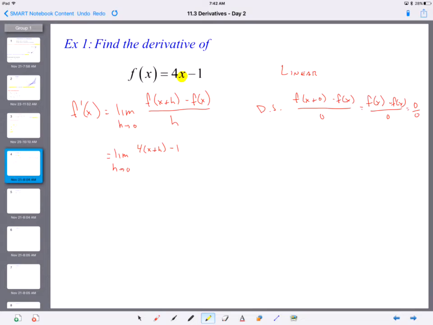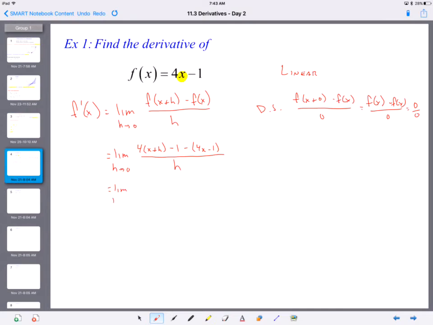Alright, minus f of x. Well, what's f of x? F of x is the whole thing. And since it's a quantity, we need to make sure we have it in parentheses. So this is the same thing as this: f of x is 4x minus 1. Alright, all over h.